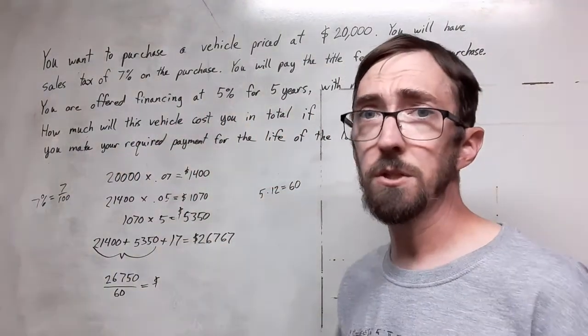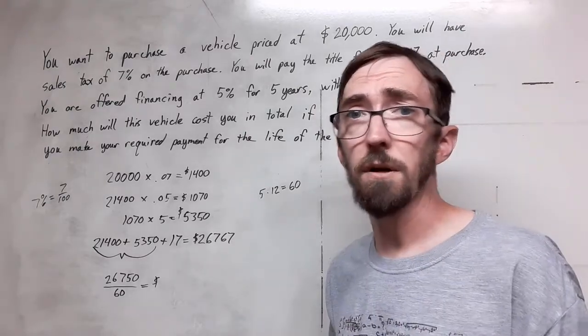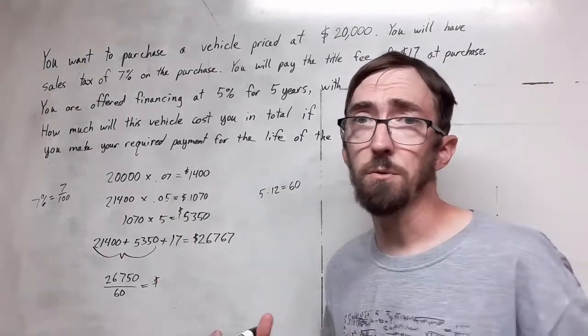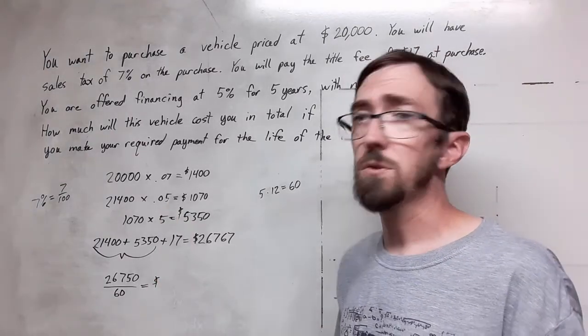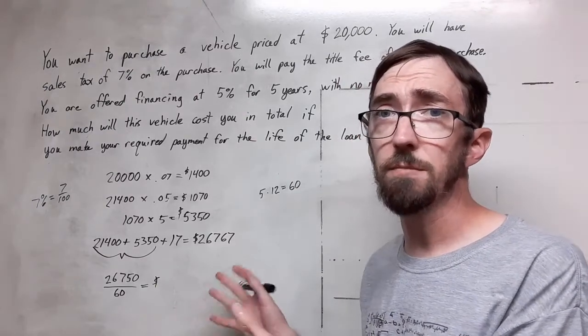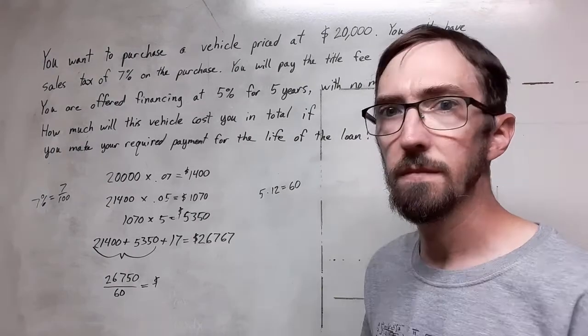So we're going to divide this number by 60, and that is going to be a monthly payment. So you'll know how much that needs to go into your monthly budget if you are doing a monthly budget and want to know how much the car is costing you per month. But keep in mind also that this isn't including the insurance that's going to need to be on the car or the cost of your driver's license.